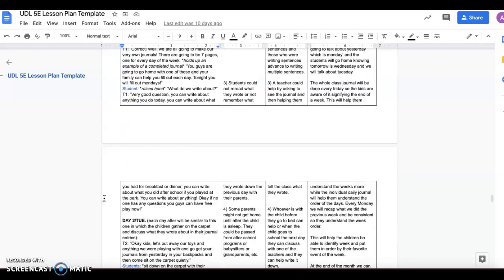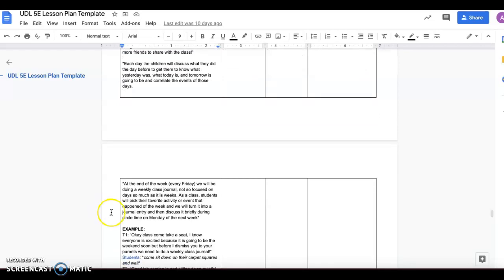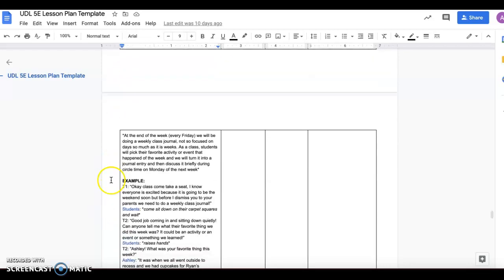And then we are also going to do a week-long journal. So here, right here. So with the week-long journal, Monday, Tuesday, Wednesday, Thursday, Friday, one that the students are going to do, we're also going to do a class journal.